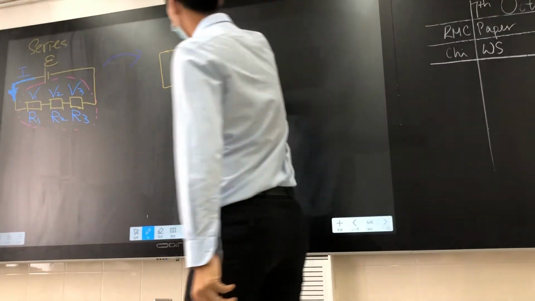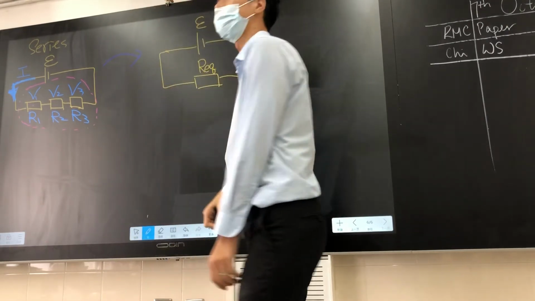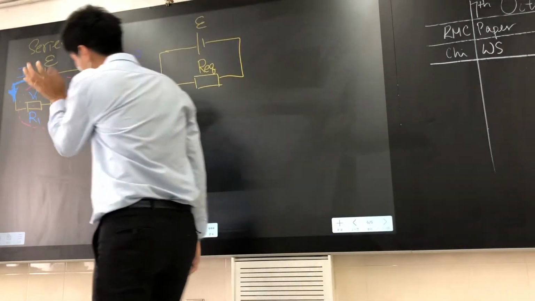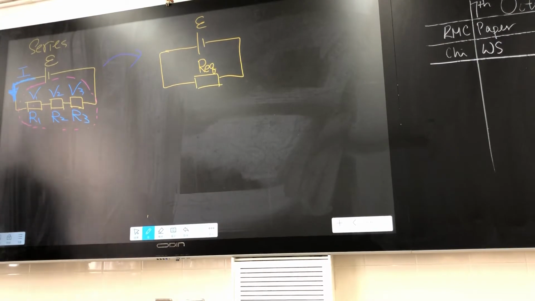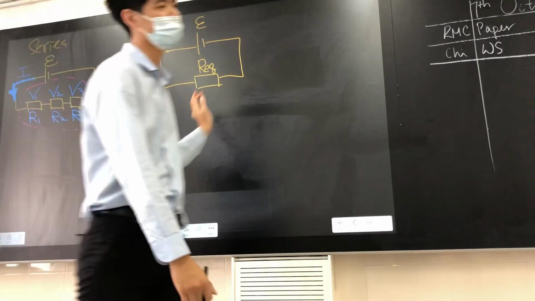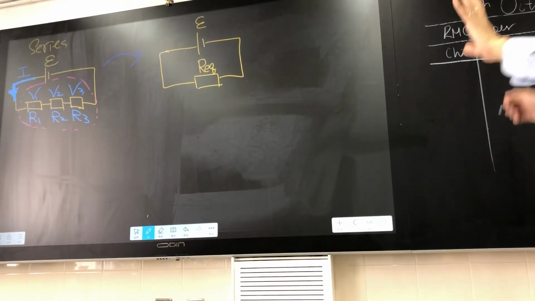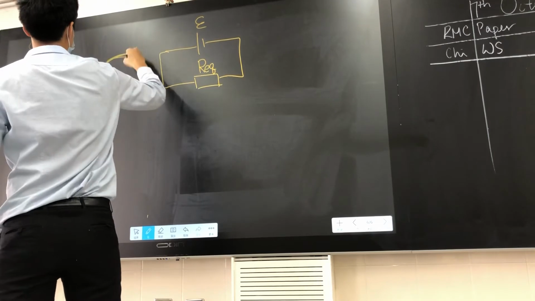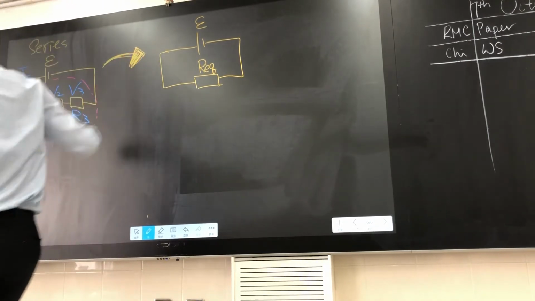So we call this the equivalent resistor, okay? We combine these 3 resistors into one, and we call this the equivalent resistor. The properties of these two circuits should be the same, because we don't want to change any properties of this circuit.